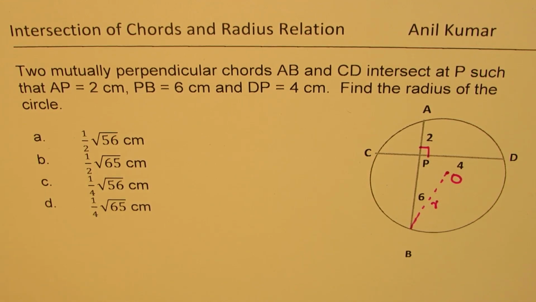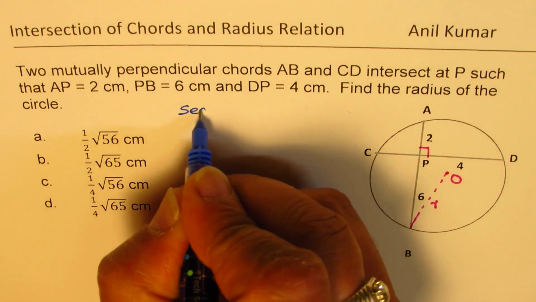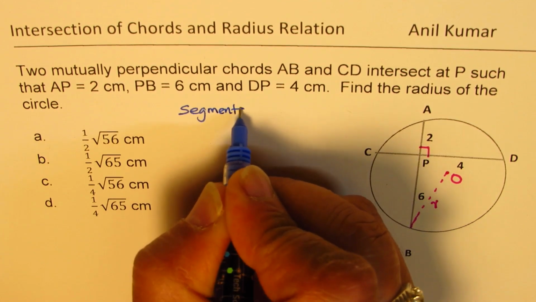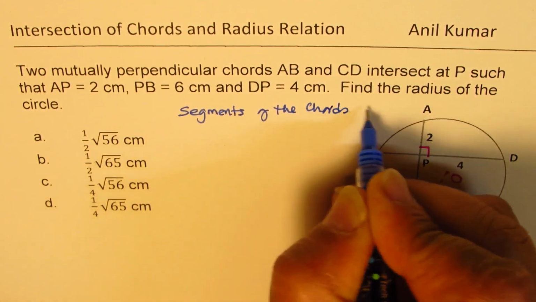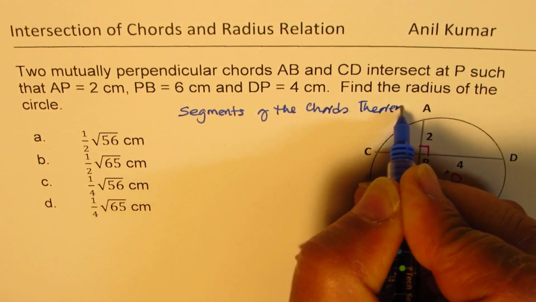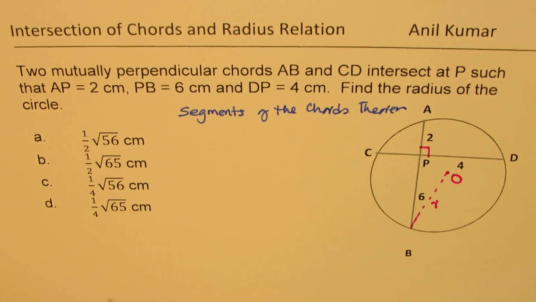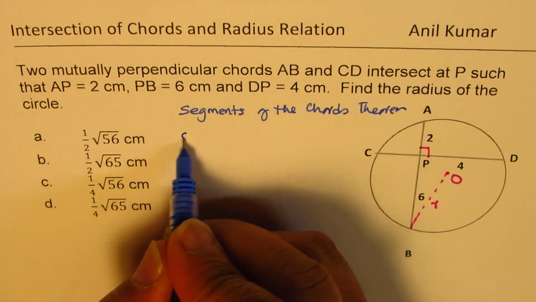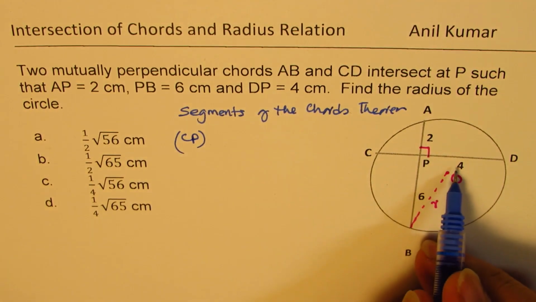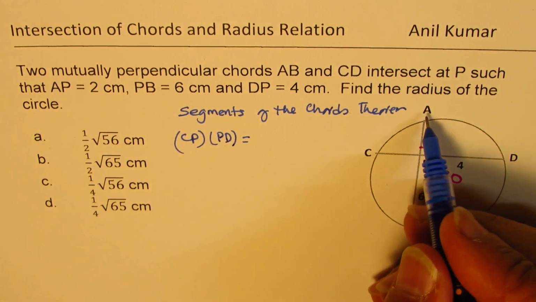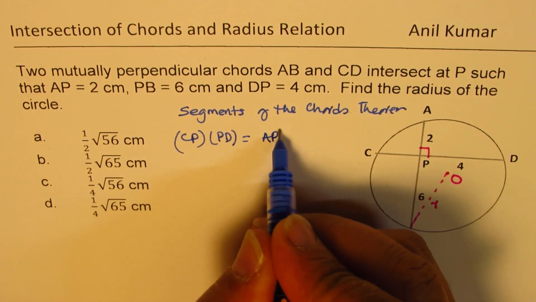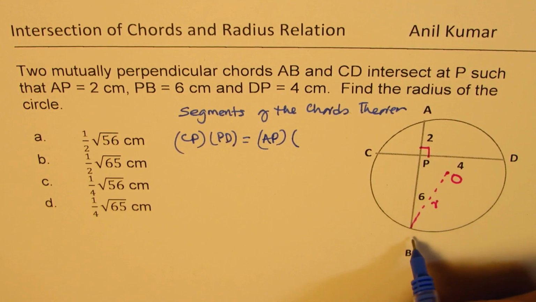Now here we'll use the segments of the chord theorem first, right? To find the length CP, right? So CP times 4, which is PD, should be equal to AP times PB, right?